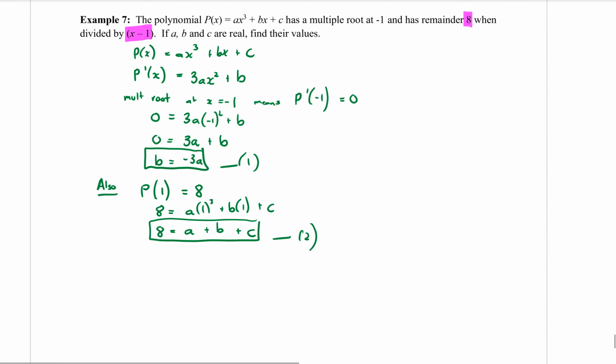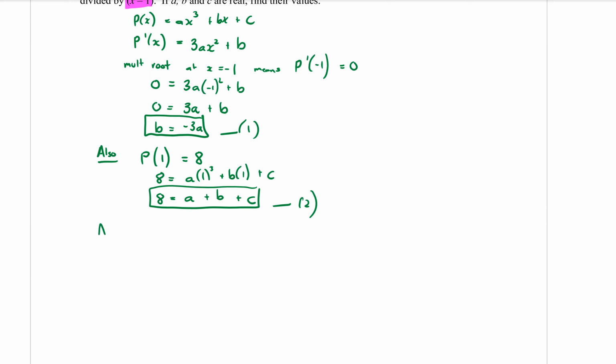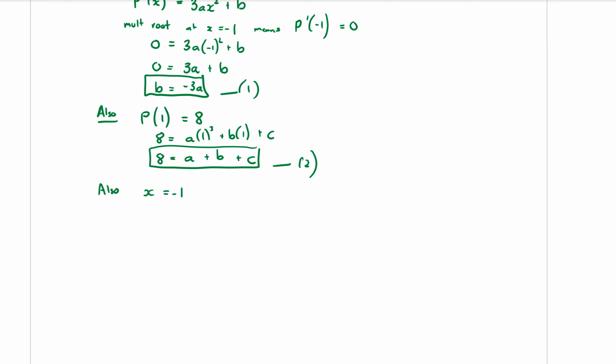We do know that x equals -1 was a factor. It was a multiple root. So we could use that piece of information again to say that p of -1 is equal to 0.